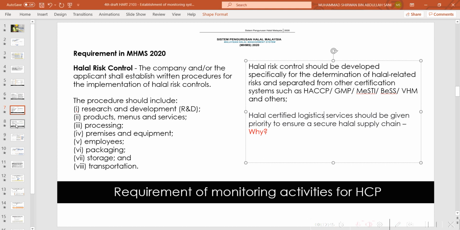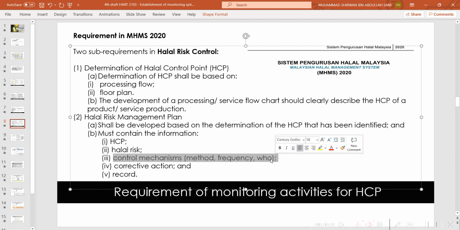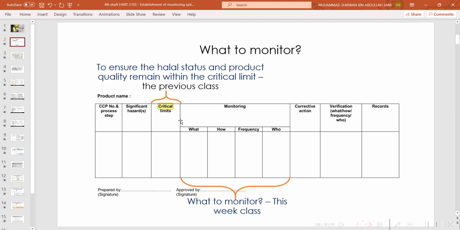And then what else? All right. So if you look at halal risk control in the Malaysia Halal Management System 2020 as well, there is a statement about a company shall have a control mechanism of how to control, how frequent you need to control, and who is the responsible personnel to control. So these are actually talking about this table, right? So any company is compulsory to have this table.